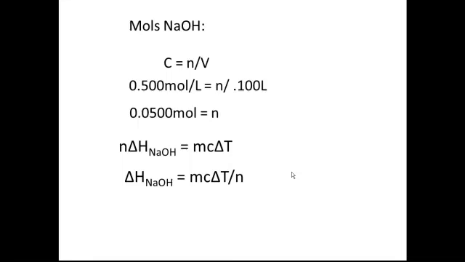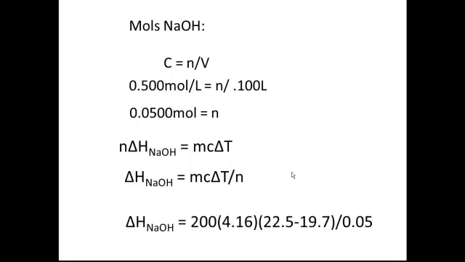Okay, so our ΔH of sodium hydroxide will equal 200 grams times specific heat capacity, 4.16, times our change in temperature, which was final temperature 22.5 minus 19.7, and then we divide it by the number of moles, which we just found just above, 0.05. Okay, now I'm going to let you calculate that out, and that will give you the heats of reaction for part A.